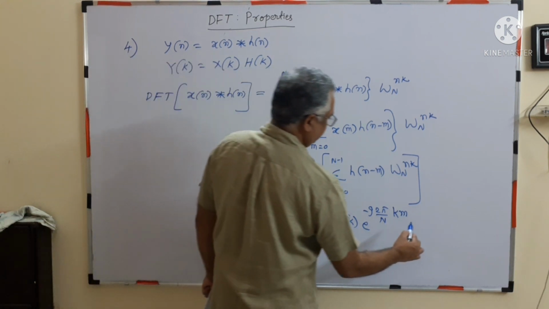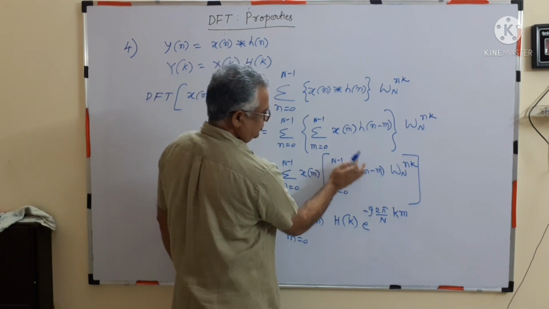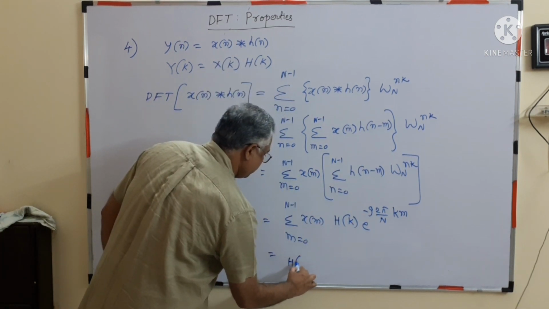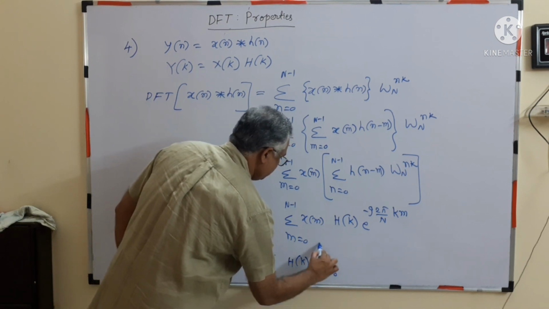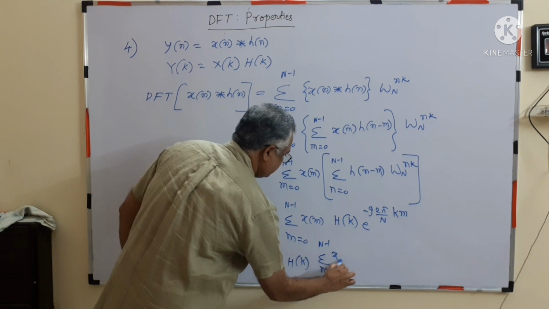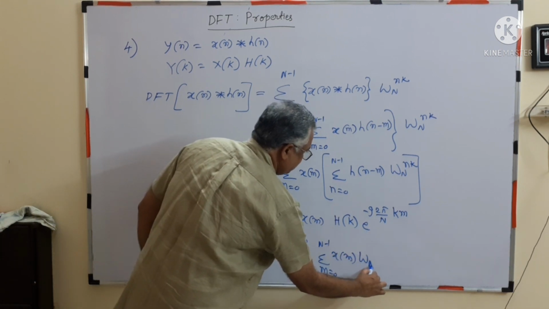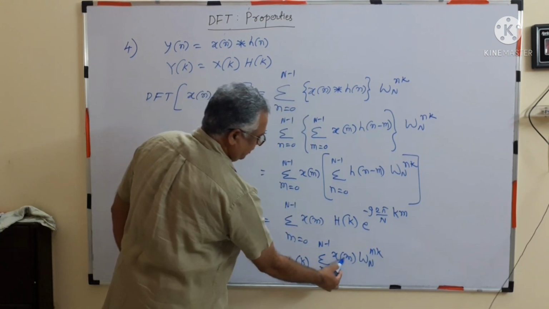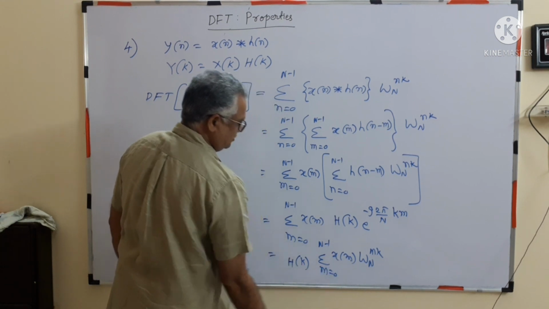Using the time shifting property, since this proof was already done previously, we straight away get this. This is nothing but H of k, sigma m equal to 0 to N minus 1, x of m, this is nothing but W_N^(mk). Now if you want, you can change the variable from m to n.